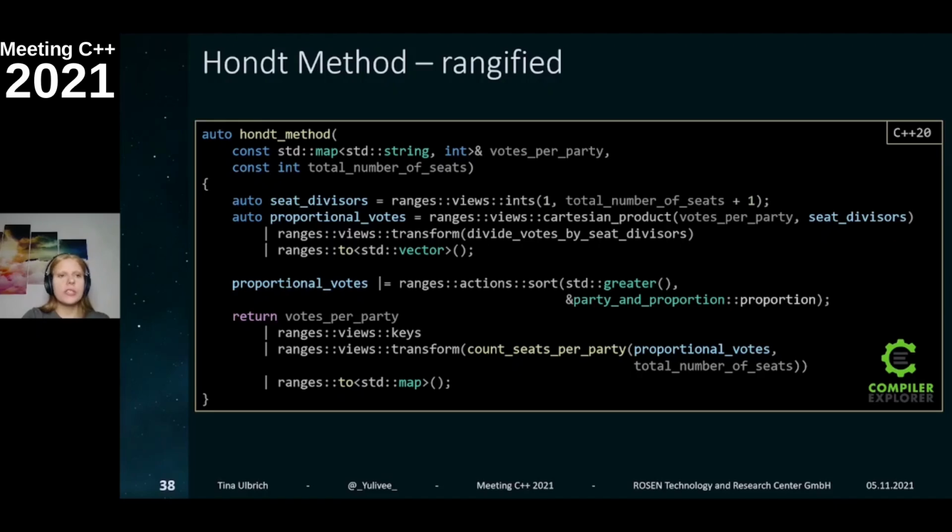The only thing I'm not seeing here is the order of the elements of the map. But I'm guessing that it would look the same as the input map. So the party first and then the amount of seats second. So this is how I would do this in the C++20 way.